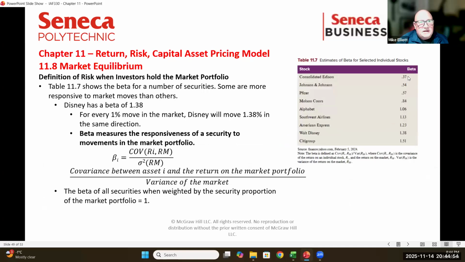For Con Ed is 0.37. For Disney it's 1.38. What this is telling me, for a dollar move in the market, Con Ed is going to move 37 cents. Disney's going to move $1.38. More correctly, for a 1% move in the market, Con Ed is going to move 0.37%, and Disney's going to move 1.38%.